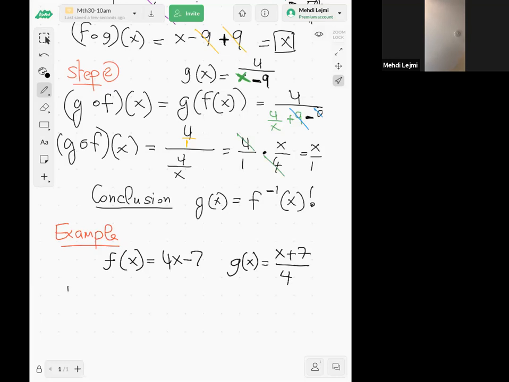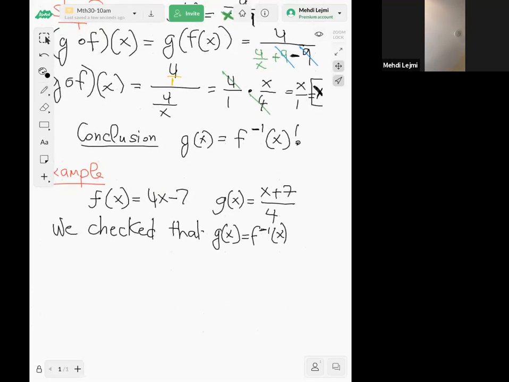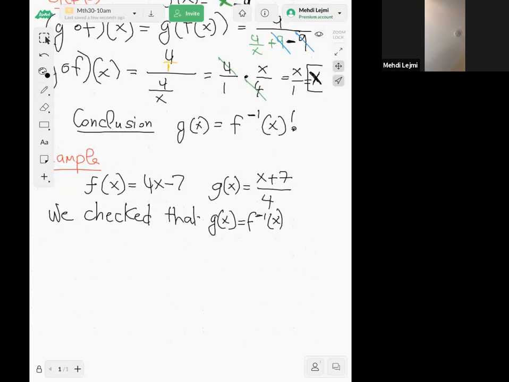So we already checked that g of x is the inverse of f. What's interesting about this inverse is the following. Let me make a table of values of the function f.